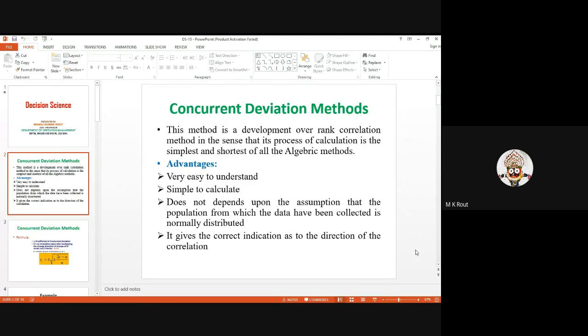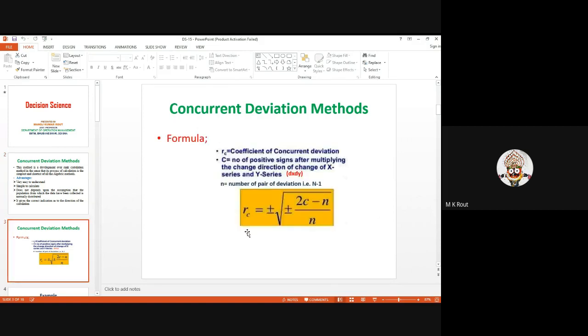Before solving some numericals, first note down the formula. The formula is given here: Rc equals plus or minus the square root of plus or minus (2C minus n) divided by n. Here Rc stands for the coefficient of concurrent deviation. C stands for the number of positive signs after multiplying the change direction of the X series and Y series, that is dx into dy.